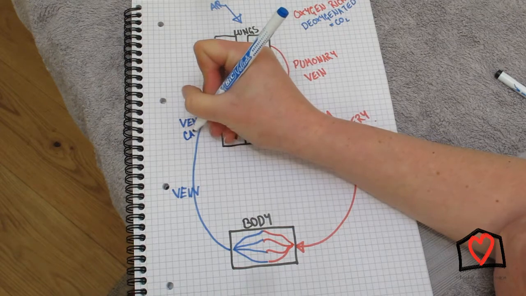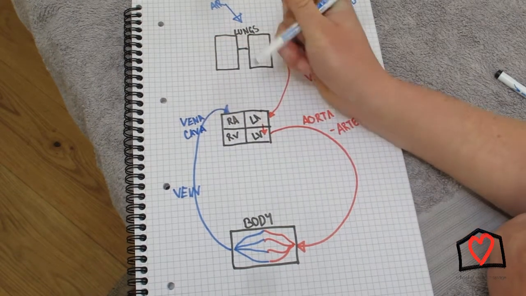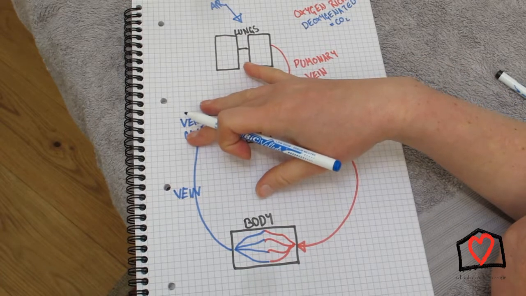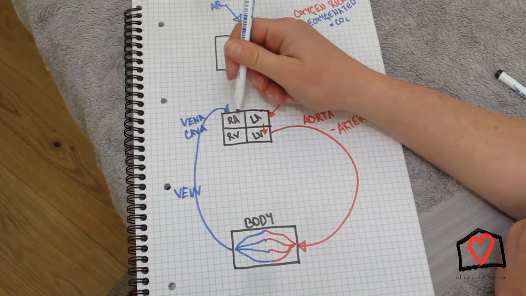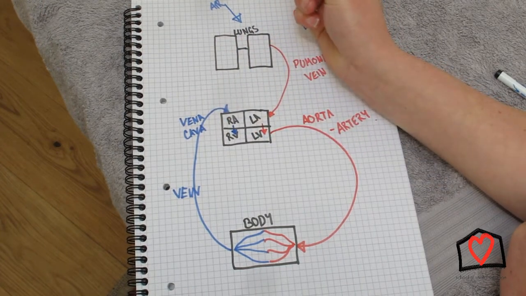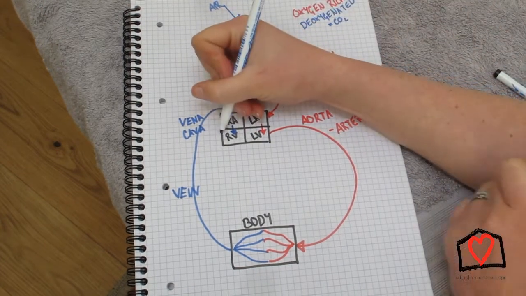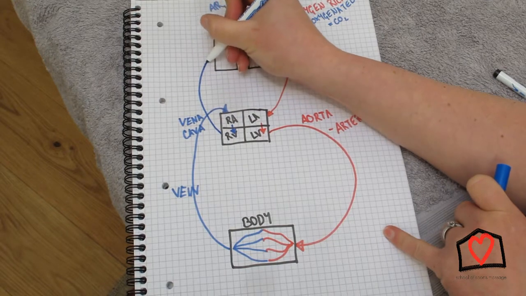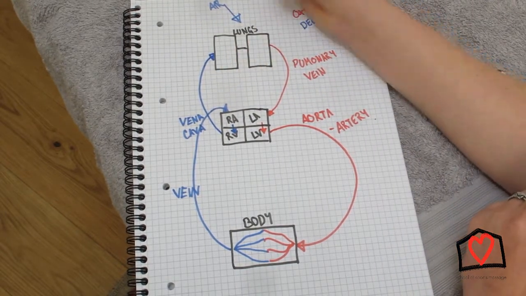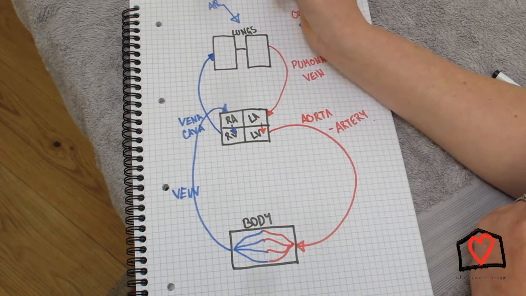So again, we've got blood rich in carbon dioxide going into the right chamber of the heart. It will then flow passively through into the right ventricle. Again, heart contracts, pumps blood back up to the lungs, and there it can pick up some more oxygen.